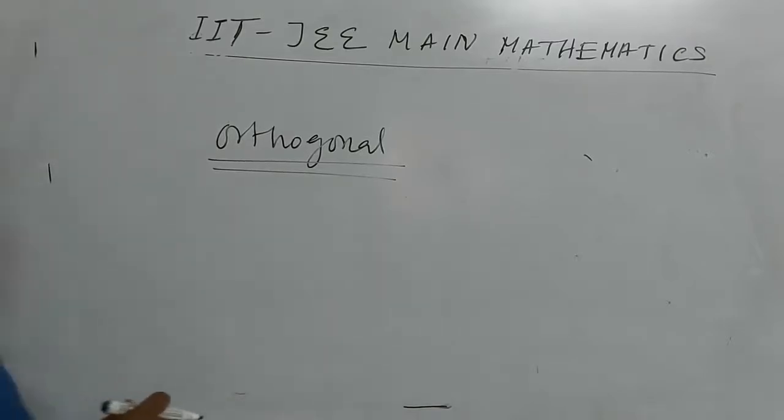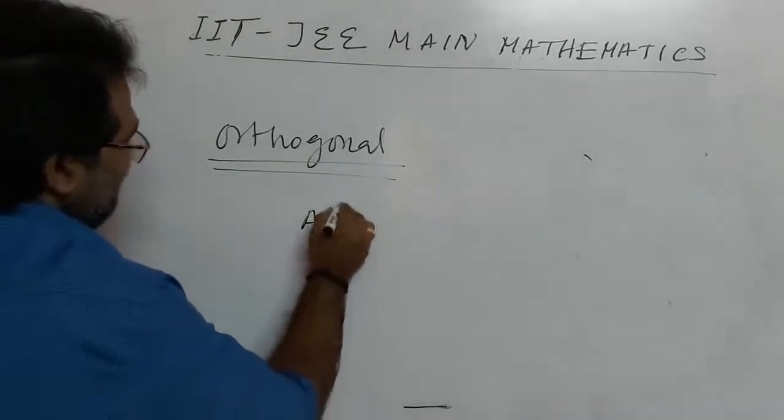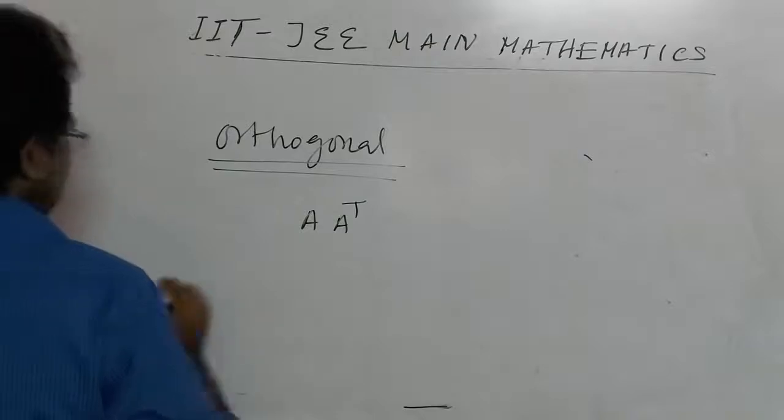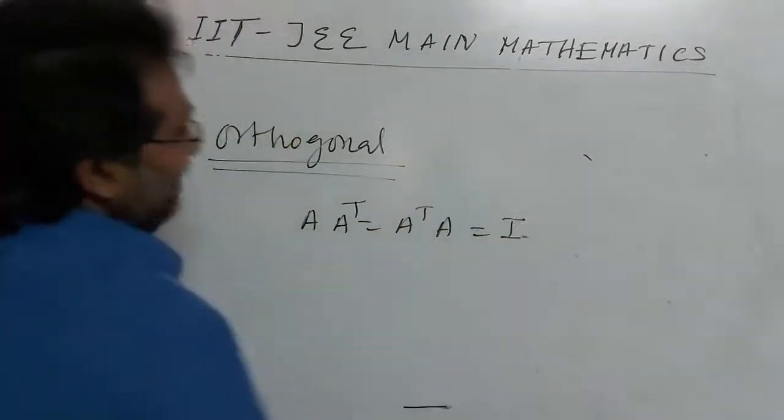A square matrix A is called orthogonal if it satisfies A A transpose equal to A transpose into A equal to I.